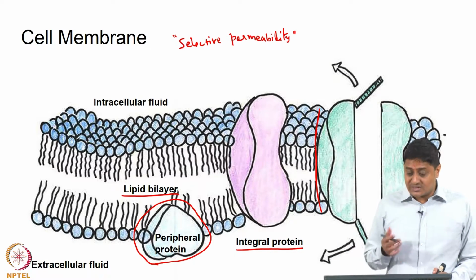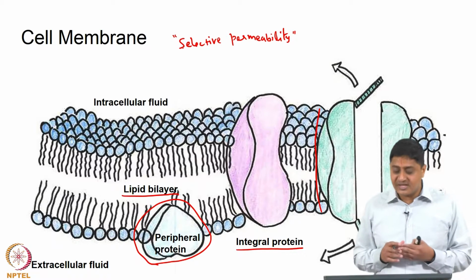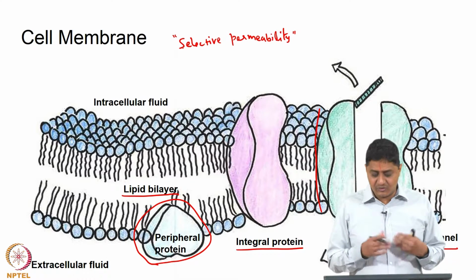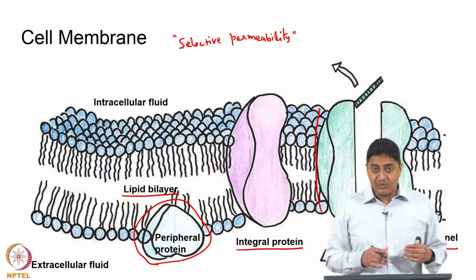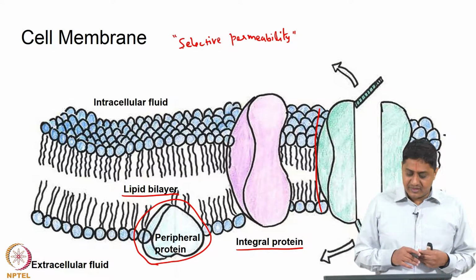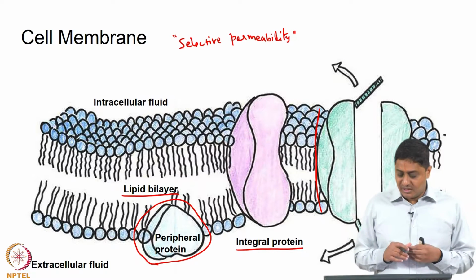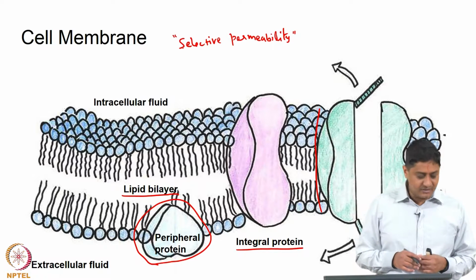If there was no selective permeability, if all ions could be transported in all directions, then there would exist no gradient. So, there would be no difference between the inside of the cell and outside of the cell. So, the function of the cell itself would be affected in a great manner, right. So, healthy function is primarily due to the selective permeability of the plasma membrane.